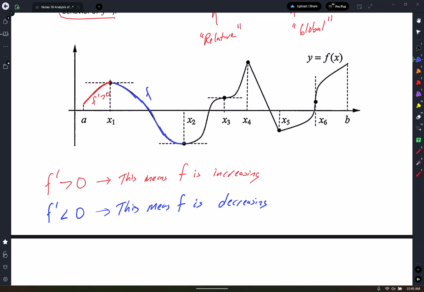Negative. F prime is negative. Between x2 and x3, is f prime positive or negative? Positive. Between x3 and x4, positive.